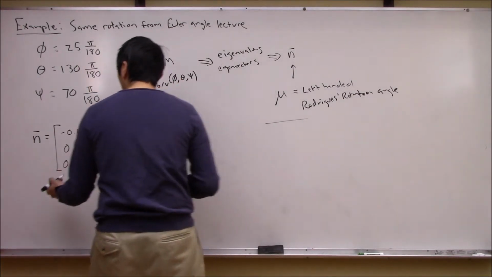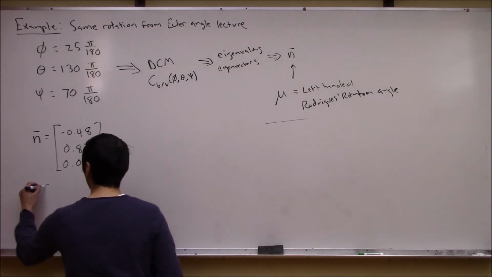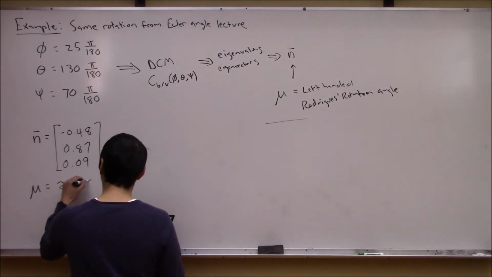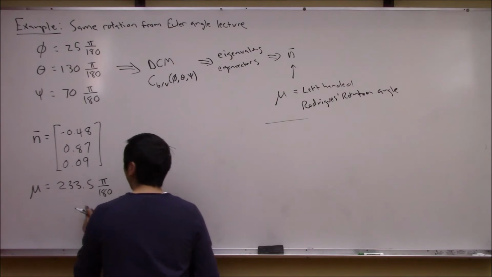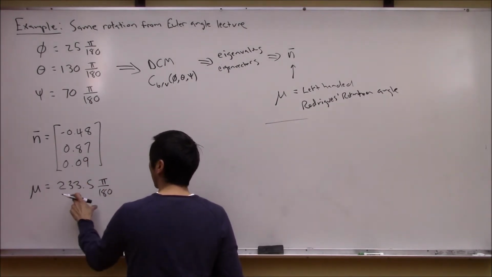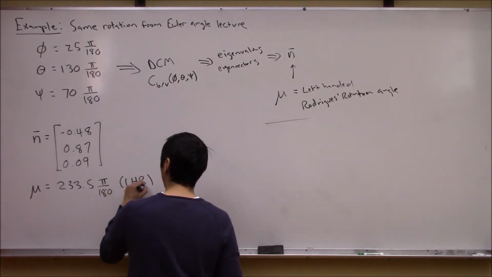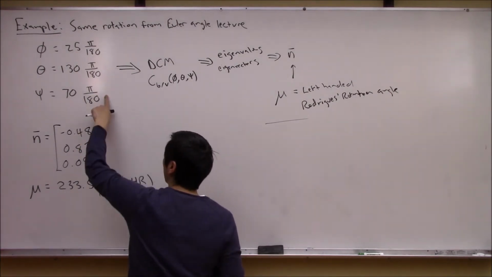And then what we also said is we saw that just by kind of blindly guess and checking, we had a mu of about 233.5 degrees, right? So we saw that by rotating about this axis through an angle left-handed, I'll write that LHR for left-handed rotation, through this angle, we approximately got an equivalent scheme of these three rotations, right?